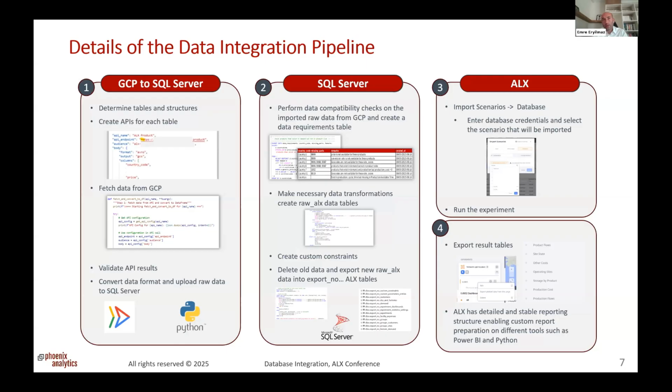Similarly, we need geocodes. ALX has built-in map integration, and to be able to correctly calculate the transportation cost, we need geocodes of each customer. So we check on SQL Server if each customer has their geocodes available.